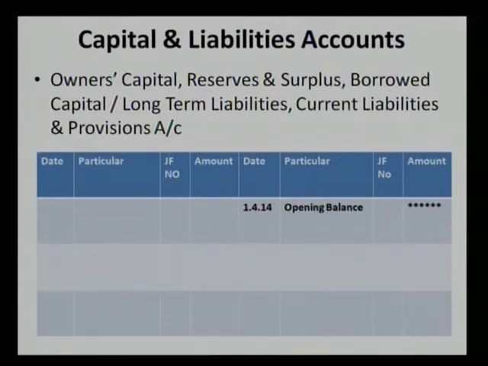Borrowed capital, known as long-term liabilities, includes bank loan, public deposits, and if it's a company it includes the debenture also. Current liabilities include the creditors, bills payables, bank overdrafts or outstanding liabilities, and finally the provisions that the company has made to pay off certain liabilities of the near future.